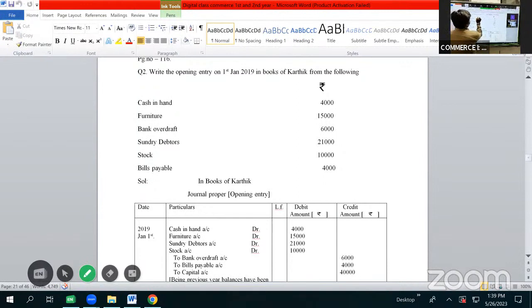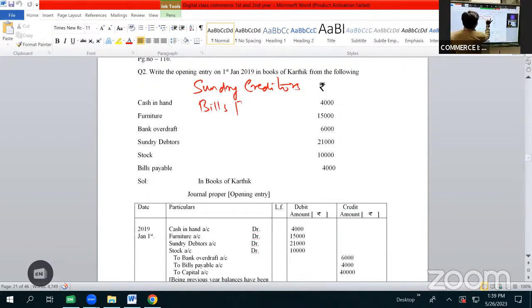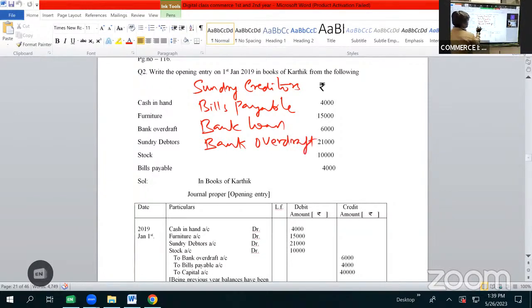Sundry creditors, bills payable, bank loan, bank overdraft, outstanding expenses.